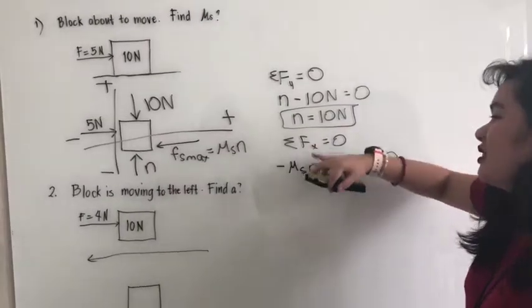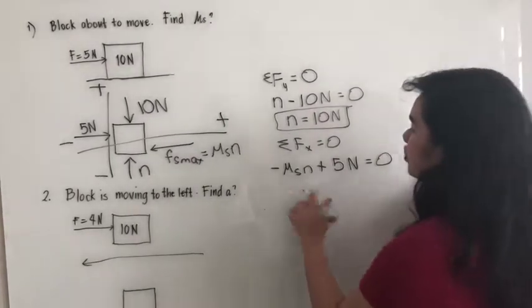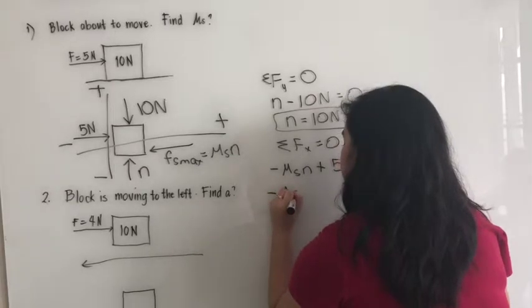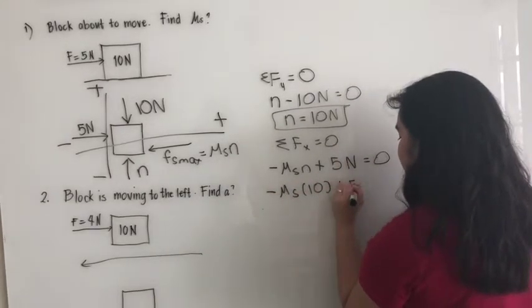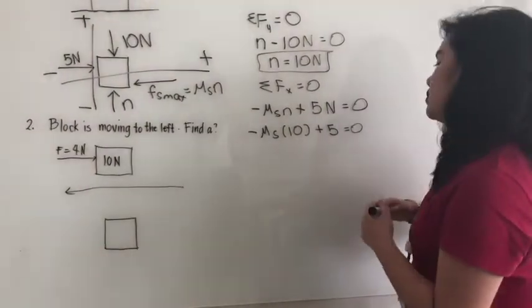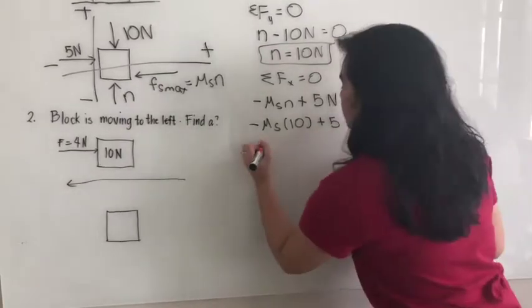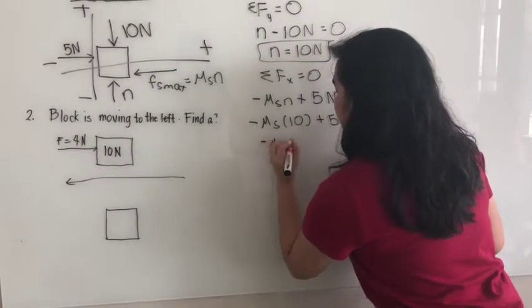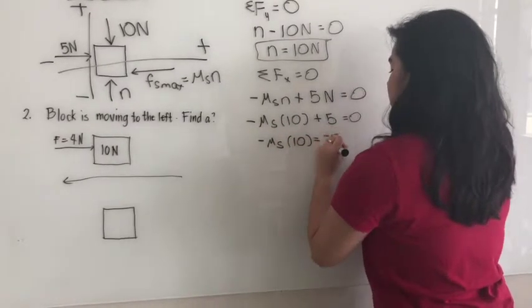Substituting the normal force from the previous computation, we would have negative mu s times 10 plus 5 is equal to 0. The next thing we are going to do is transfer 5 to the other side. So we would have negative mu s times 10 is equal to negative 5.